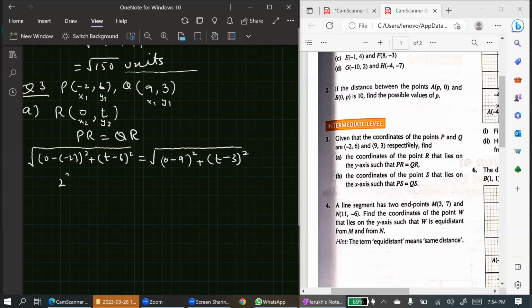This one is 2 square, t minus 6 square minus 9 square, 3 square. We will take square on both sides.